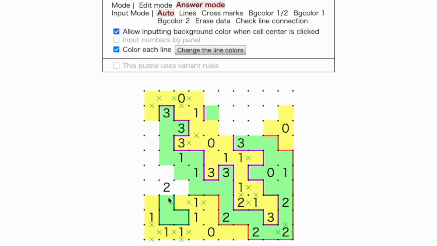So this has to be green. We can't put lines on both of these because then this cell right here would have to be yellow. So one of the 2 lines is on this side. The other one will tell us whether this loop pokes up here or whether it pokes over here. And we can define which one is the truth by virtue of what else happens along this path as we finish it up.